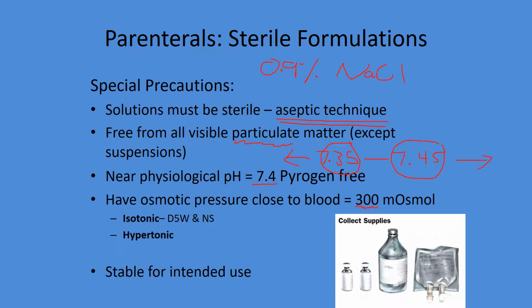Hypertonic, things like D10, 10% dextrose, or 70% dextrose, are way too concentrated for blood. And hypotonic, things like water, or half NS, quarter NS, will have less than 300 milliosmoles of pressure and can damage the blood cell.